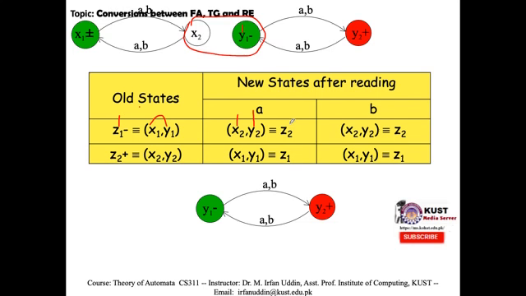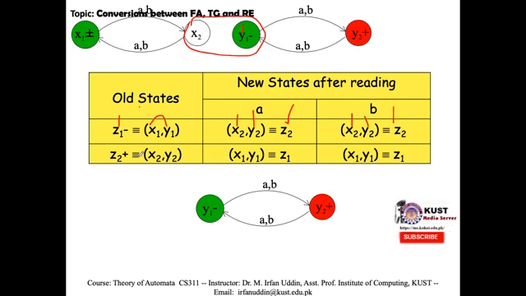So this is named Z2. Now X1 reading B, we go to X2, and Y1 reading B, we go to Y2, which is Z2.